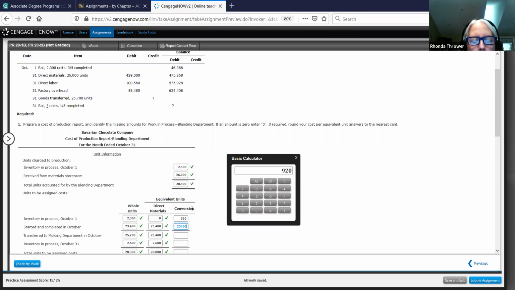In other words, 100% of conversion is finished because we started and finished these units during this period. So 100% of 23,400 whole units is 23,400. We finished these units with respect to materials, and we finished them with respect to conversion. So all of the units that we started and completed have all their cost associated with them in this month.